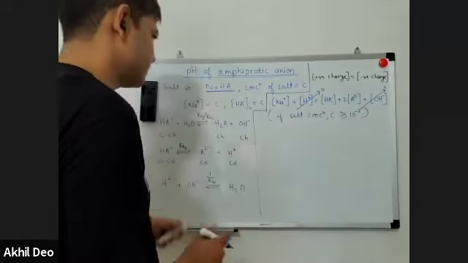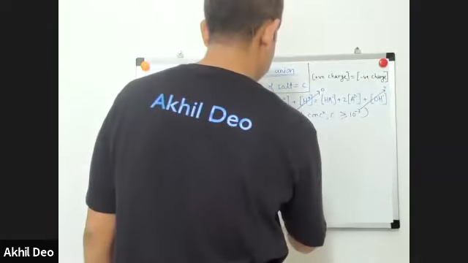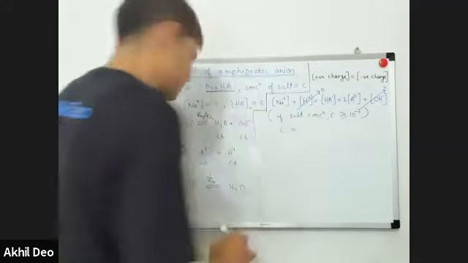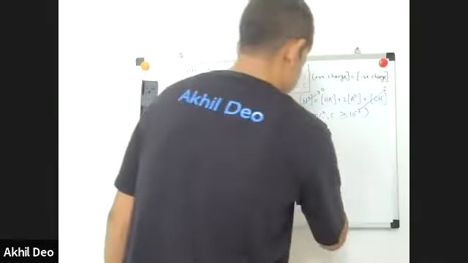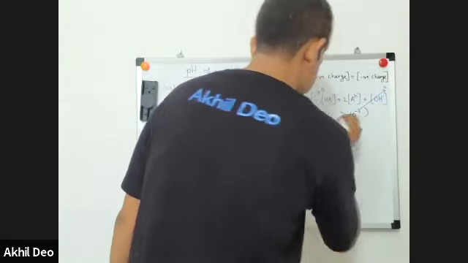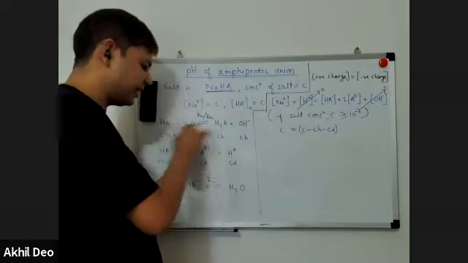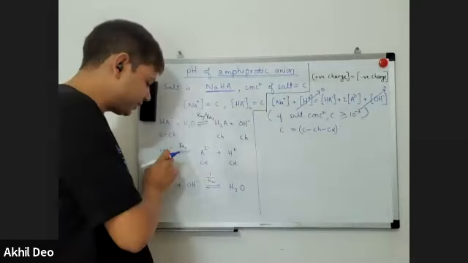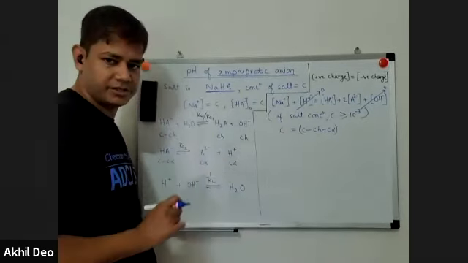Concentration of Na+ we'll put as C. Concentration of HA minus we'll put as C minus Ch minus C alpha. Some amount of it ionizes in the hydrolysis reaction, and some amount of it dissociates in the ionization process.